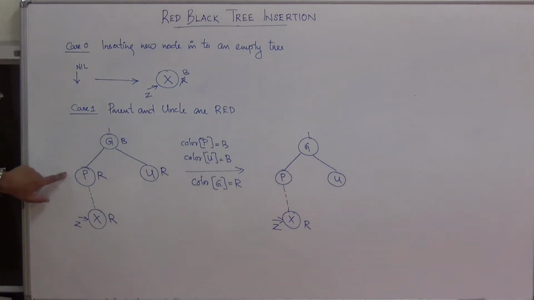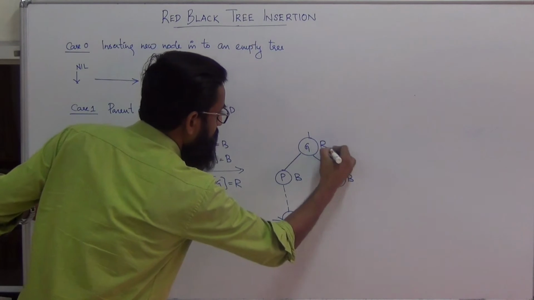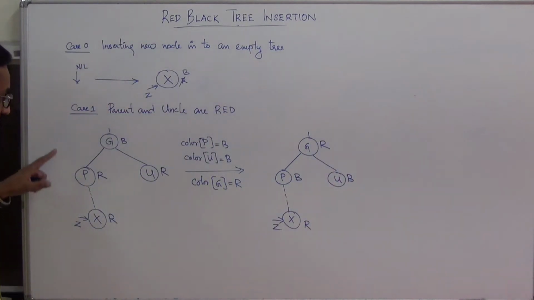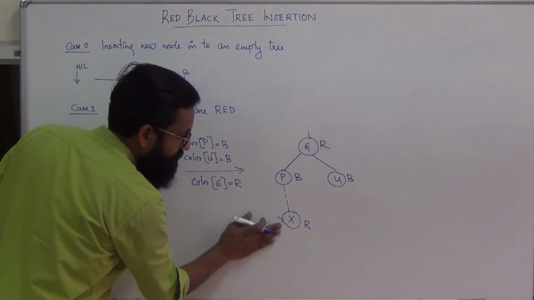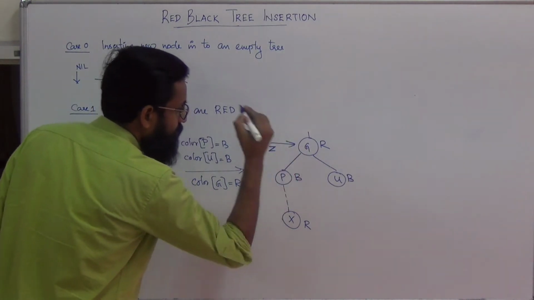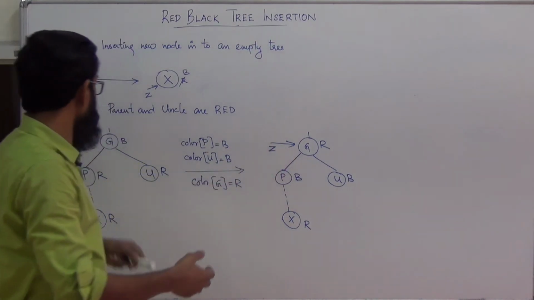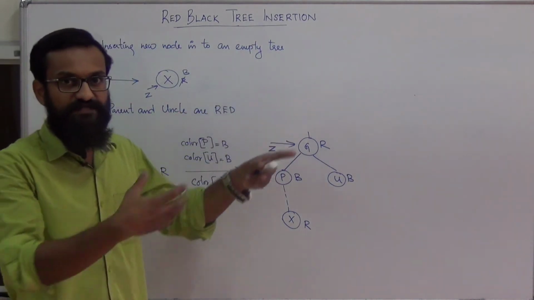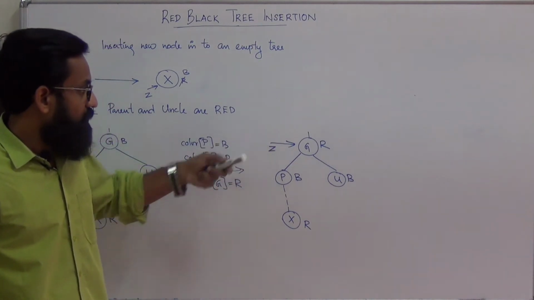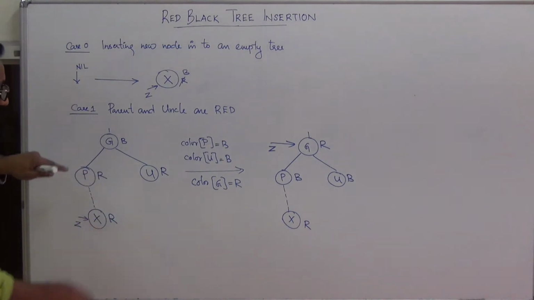So after color change, parent will be having black, uncle will be having black, and grandparent will be having color red. And after this operation, you have to take the pointer Z, make it point to grandparent. And again you have to check whether it falls in case 1 or the subsequent cases. Because this node G was black before insertion or before this fix-up procedure.